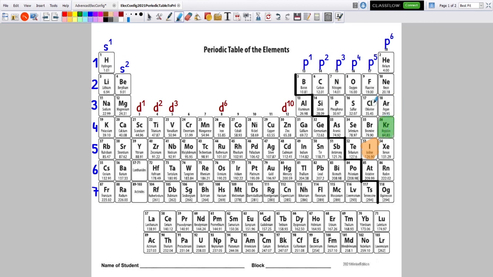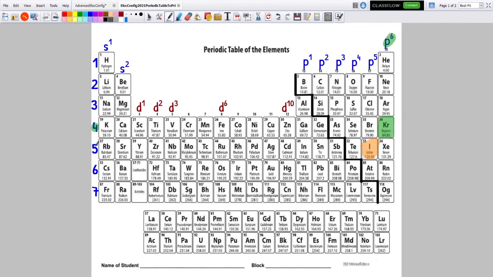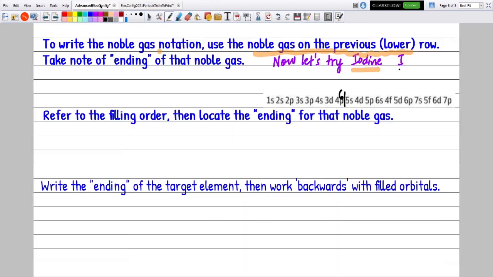And so the noble gas notation has to be built on krypton that ends in 4p6. So the ending for that noble gas will be 4p6, over here. And what about the ending for iodine? The ending for iodine will be 5p5, which is right over here.